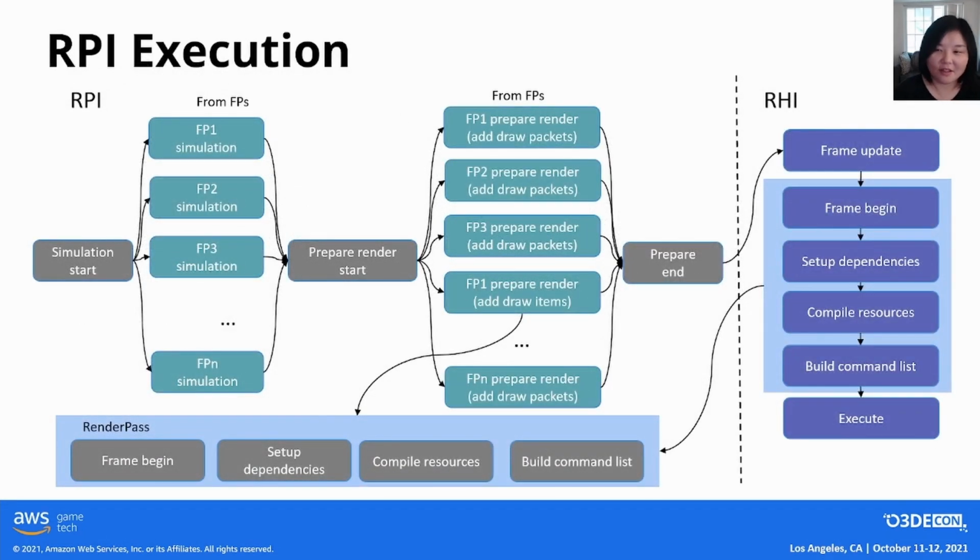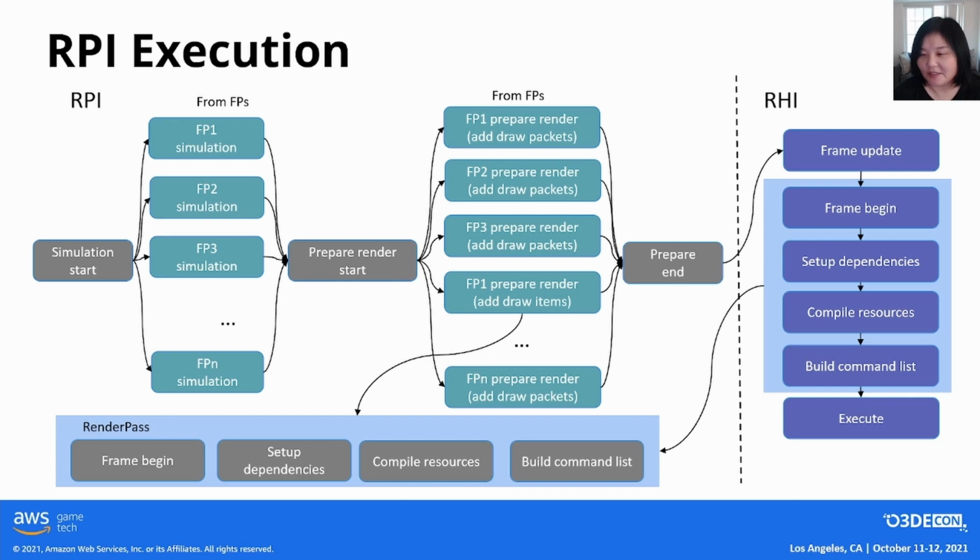Let's take a look at RPI's execution. This diagram shows how a frame is executed with the RPI system. Both the simulation and the prepare render of each feature processor are executed in parallel, and they are also decoupled. In feature processor simulation, you could expect to see work done here, such as CPU particle update, skinned mesh animation, or something more common such as a shader resource group update.